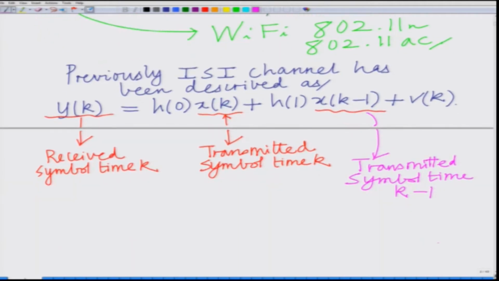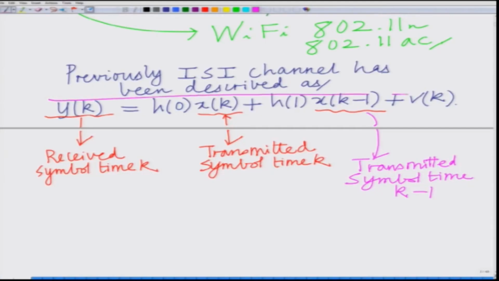Therefore, the transmitted symbol at time k minus 1, which is xk minus 1, is interfering with xk, which is the transmitted symbol at time k, and this is what we term as inter-symbol interference. So, inter-symbol interference is caused by the fact that xk minus 1 is interfering with xk, which is the present symbol. The past symbol is interfering with the present symbol.